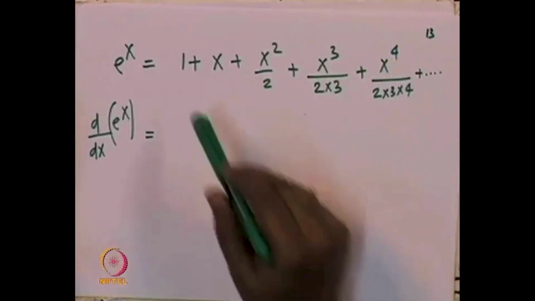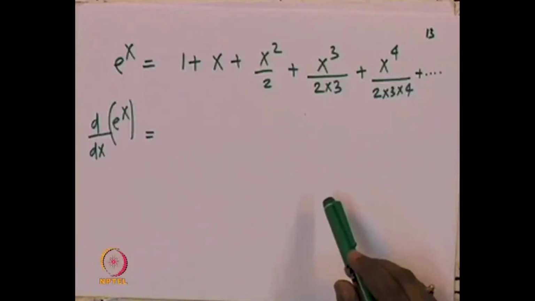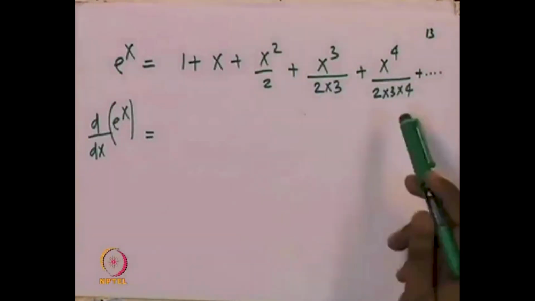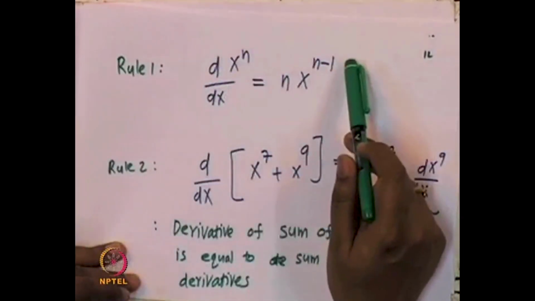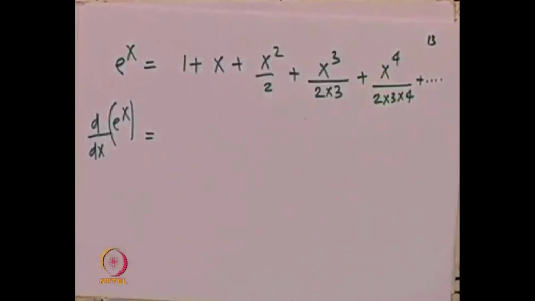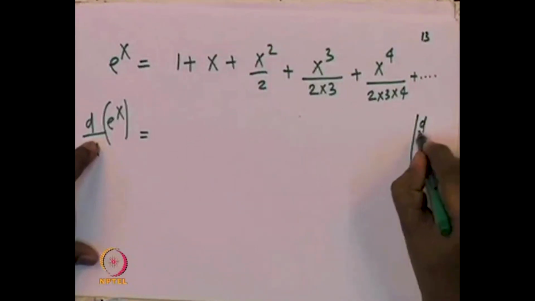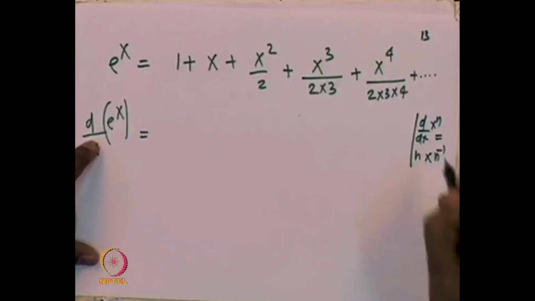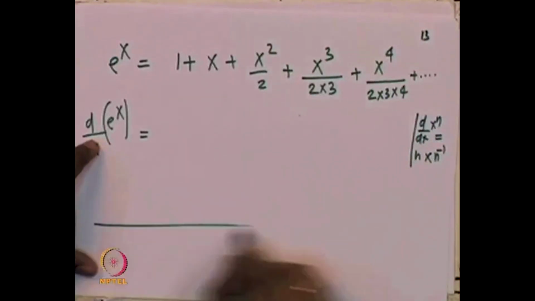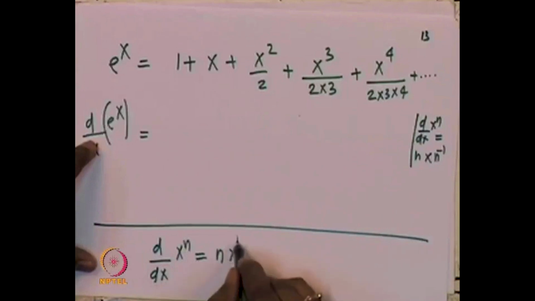First, let us find the derivative of 1. For this, we will use the first rule we learned just a few minutes ago. The rule is that d by dx of x power n is n x power n minus 1.